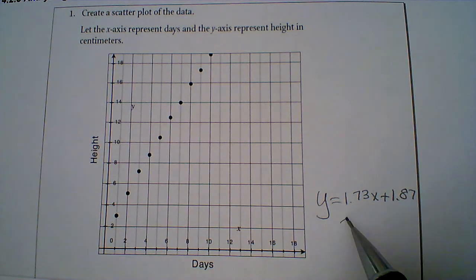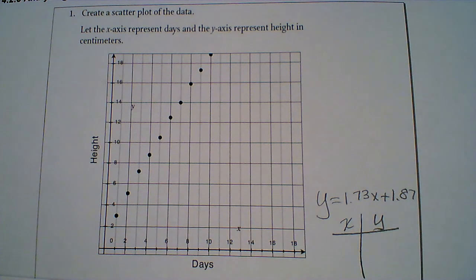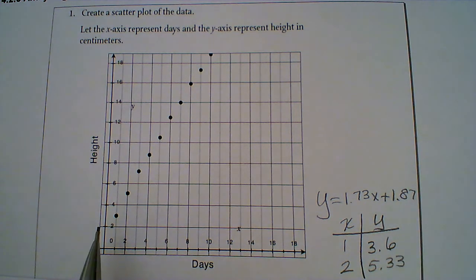So just create a small x and y table. I could plug in 1. When I plug in 1, I get 3.6. When I plug in 2 for x, I get 5.33. So let's go to our scatter plot and plot those 2 points.